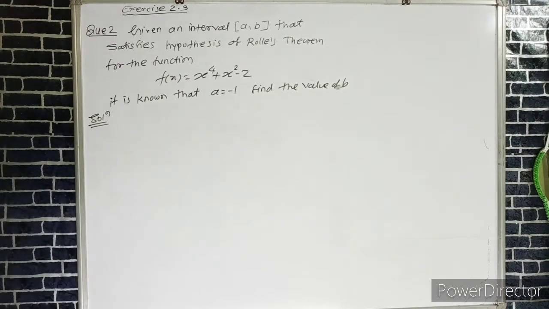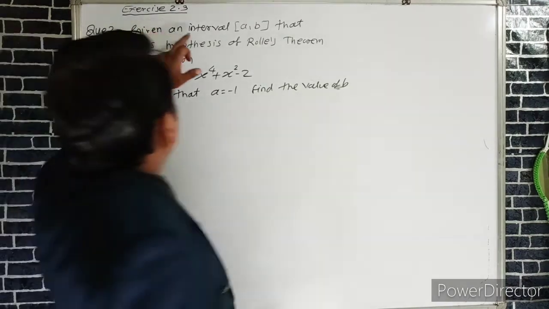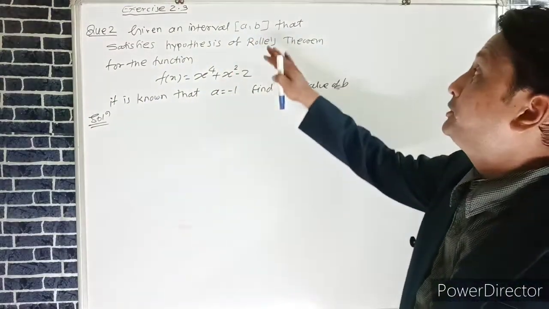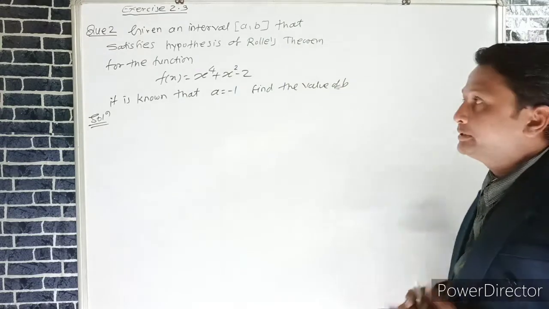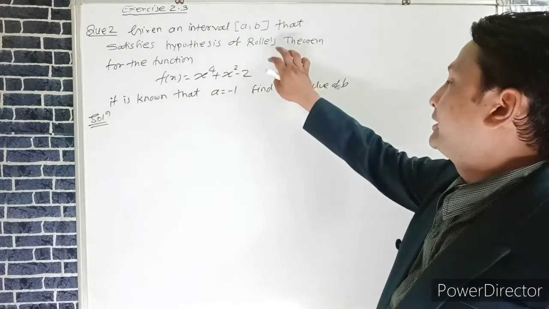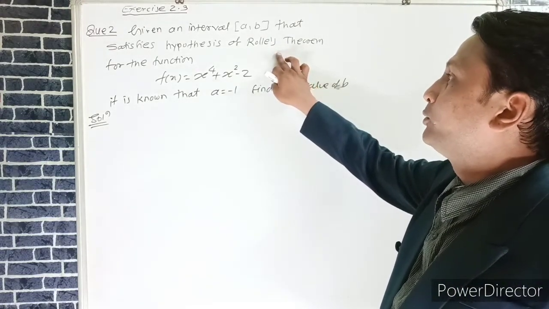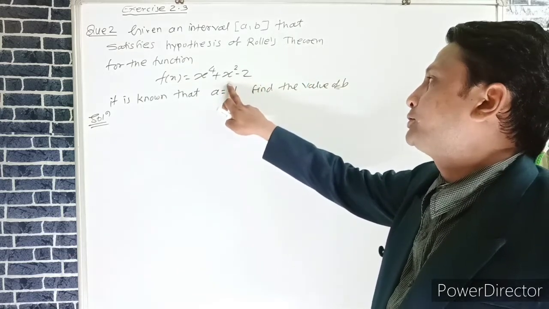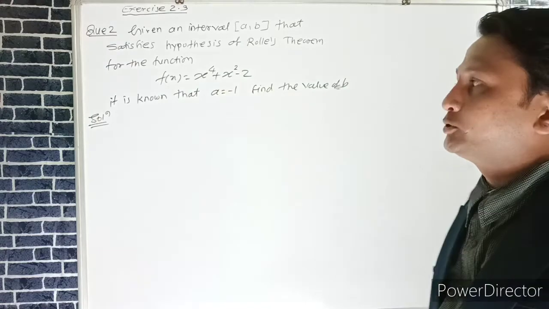So the next example, question number 2: given an interval a comma b that satisfies the hypothesis of Rolle's theorem. It means that it satisfies all the conditions of Rolle's theorem, for the function f of x equal to x raised to the power 4 plus x square minus 2.